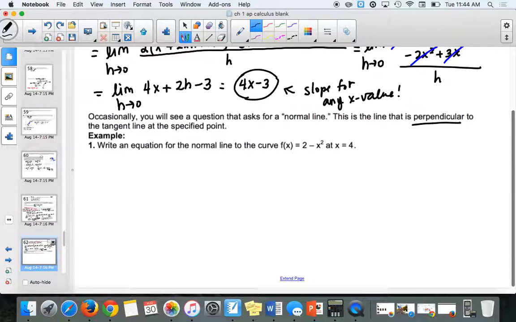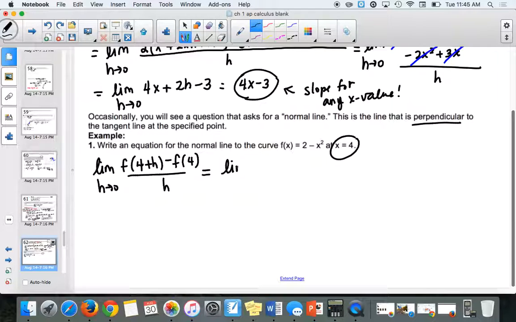All right, so write an equation for the normal line to the curve at x equals 4. So since we have the x equals 4, then we're going to do the limit as h goes to 0 of f of 4 plus h minus f of 4 all over h. So we can go ahead and plug in the x value since we set the specific x value. And this will be the slope of a tangent line.